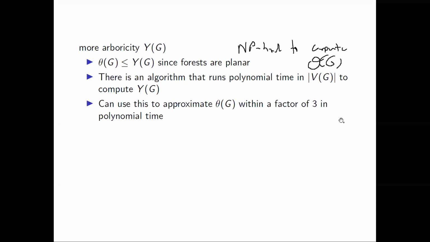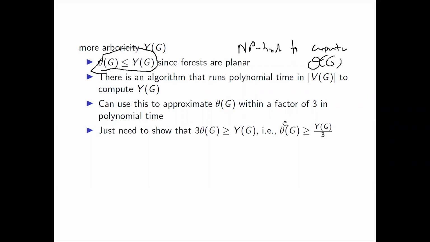we have to prove one more inequality. So we have an inequality that the thickness is less than or equal to the arboricity. We also need an inequality in the other direction. And our inequality in the other direction, to show that we can approximate the thickness within a factor of 3, we're going to prove that 3 times the thickness is greater than or equal to the arboricity.